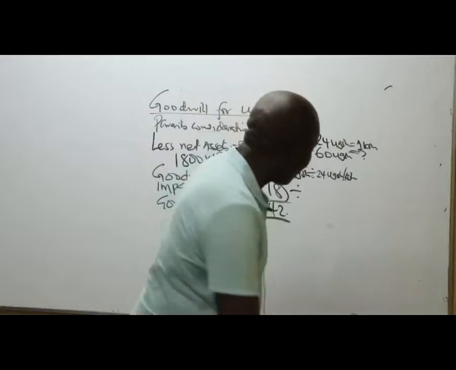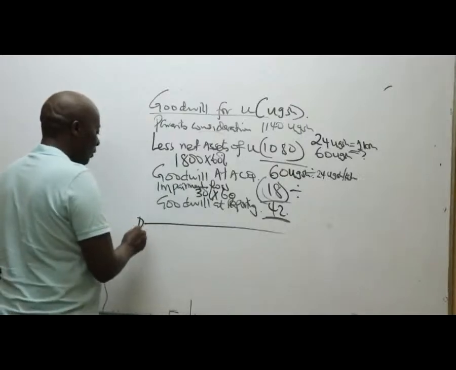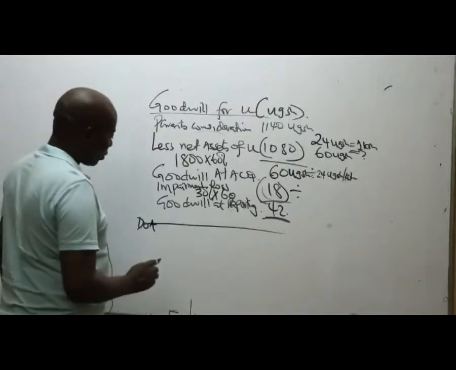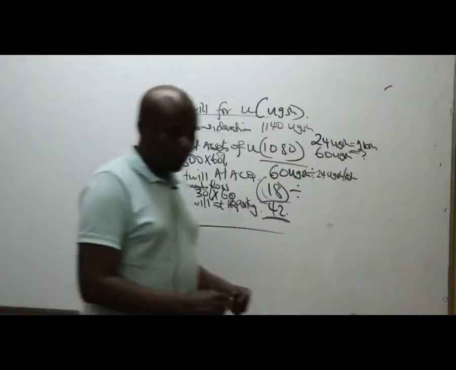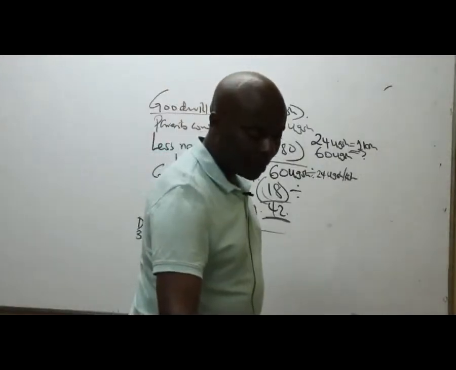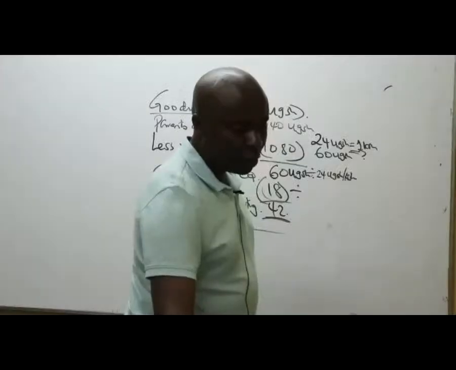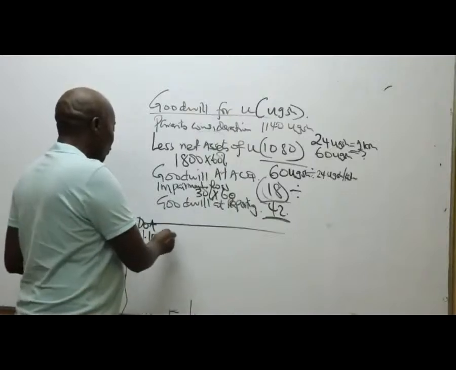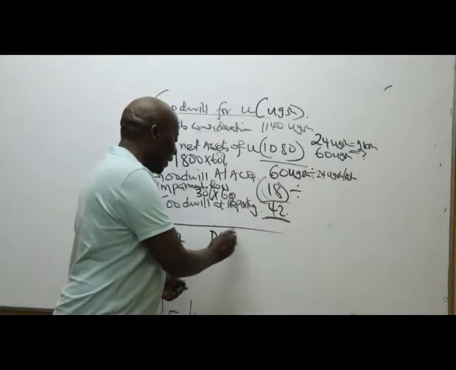So we have here the date of acquisition, the DOA. The date of acquisition was 1st October 2012. And then now, ladies and gentlemen, after that, we have the date of the financial statements.